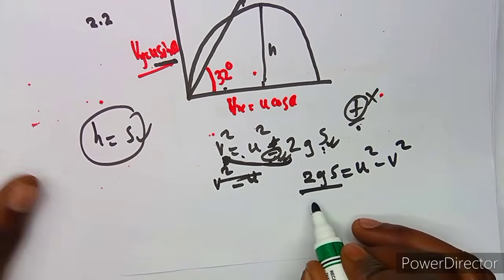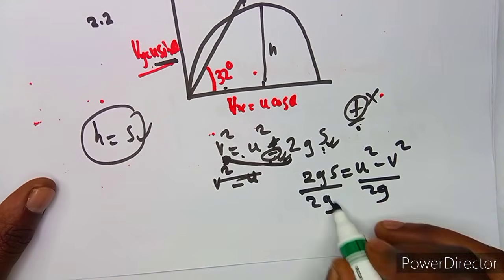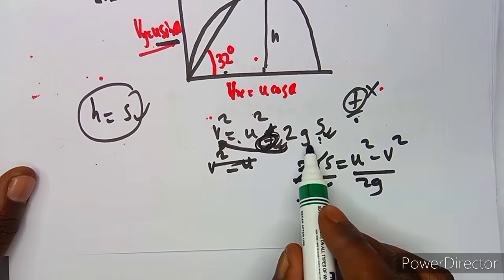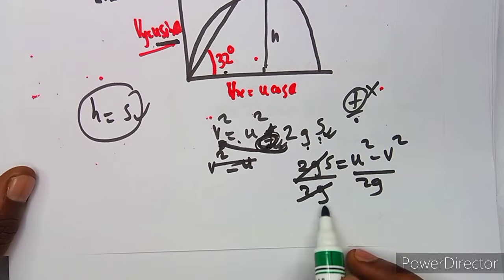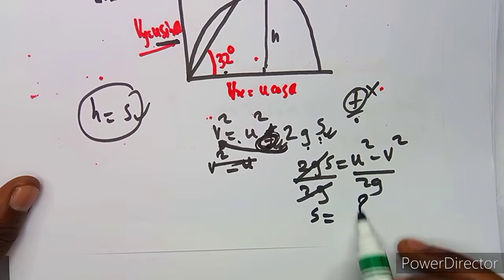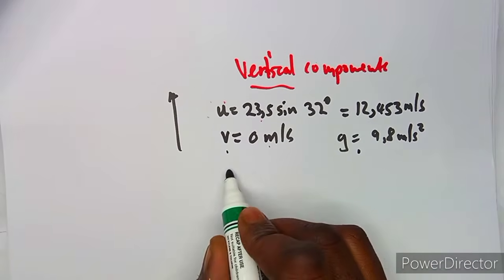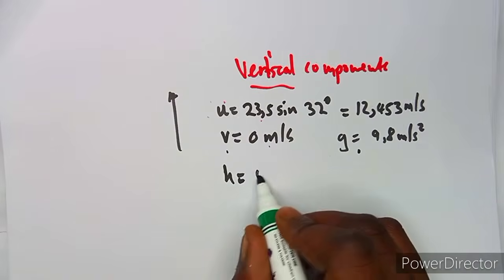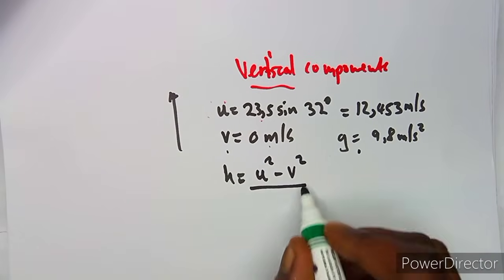Then I can simply divide by 2g. By doing this, I have already taken the negative of g, so this g is not going to use a negative because I've taken it to the other side. So that will be my s. The height is going to be equal to u squared minus v squared over 2g.